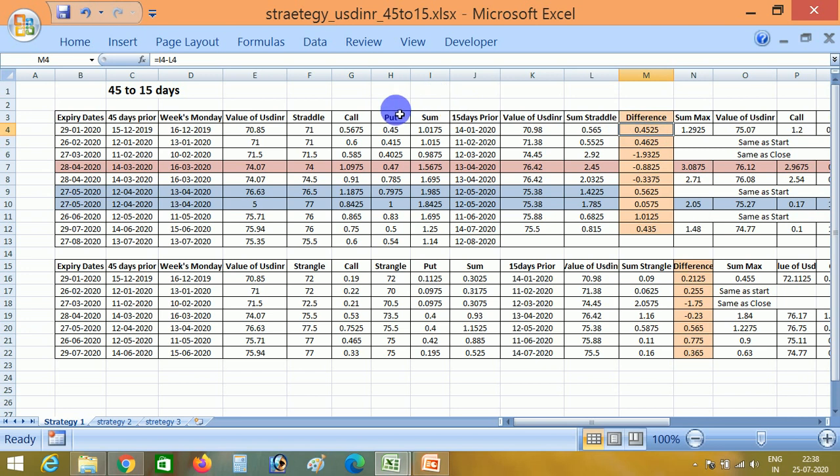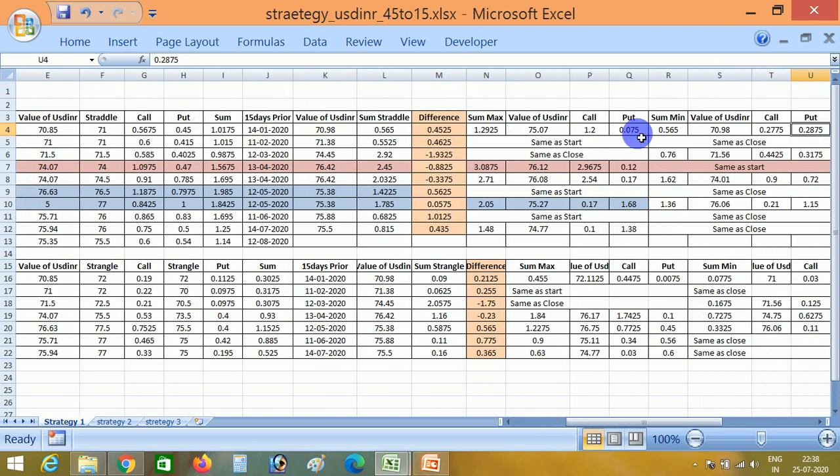It looks pretty awesome because for the expiry of February, your futures value was trading at 70.85, now 70.98, and then at 71, now 71.38. We gain easily 45-46 paisa.